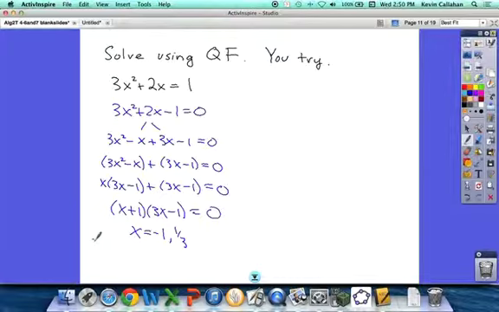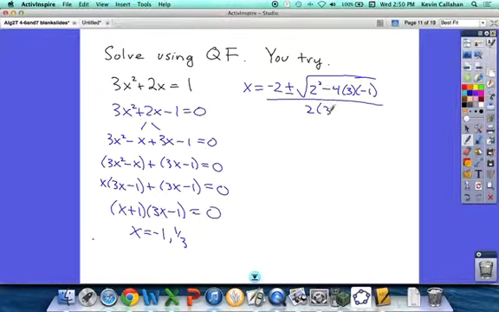Okay, let's go through this. X equals negative 2 plus or minus the square root of 2 squared minus 4 times 3 times negative 1, divided by 2 times 3.